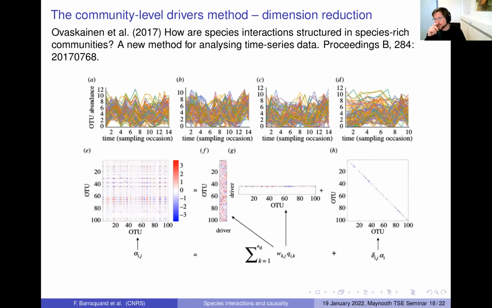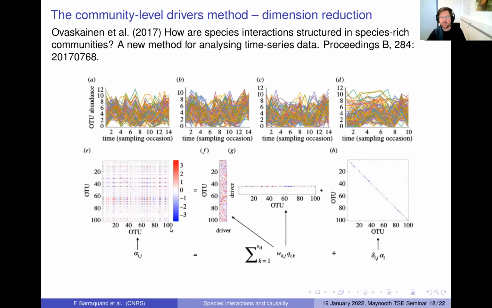And this is a little bit what Ovaskainen and co-authors have done, using a different approach to avoid fitting a full matrix without constraint. They used what is called in statistics low rank approximation, where they fit the model to many species.